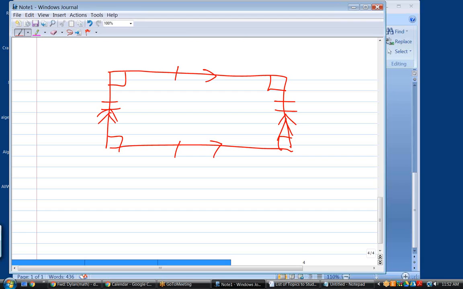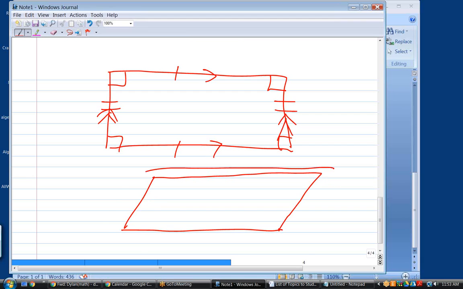Without all of that, you don't really describe a rectangle. If I were to draw this, it's also a quadrilateral with opposite sides that are equal and parallel, just like a rectangle. It's exactly the same as the rectangle, except it's missing the 90-degree angles.